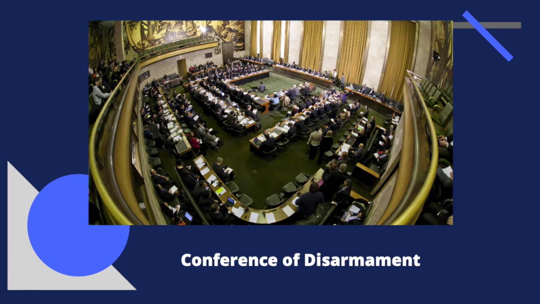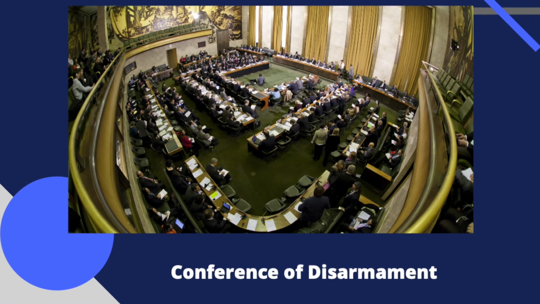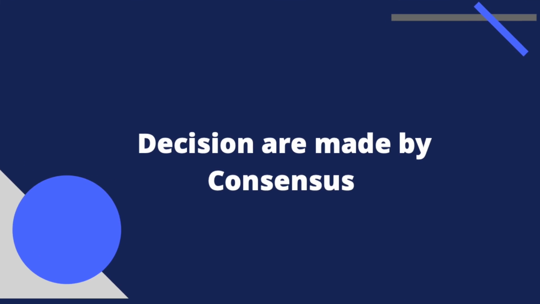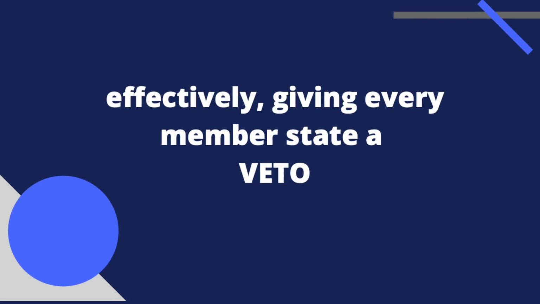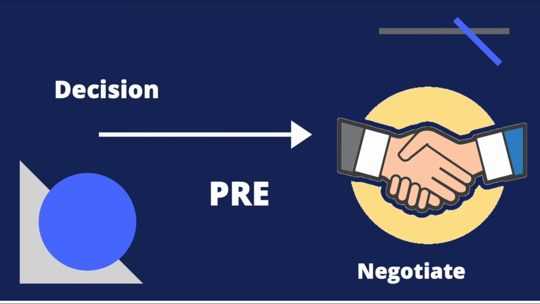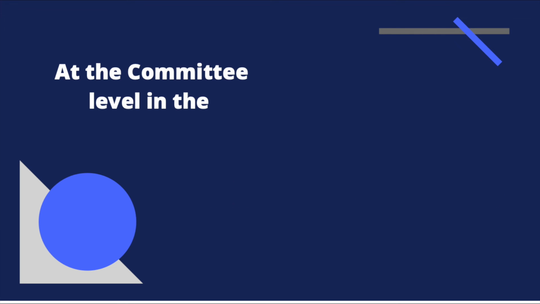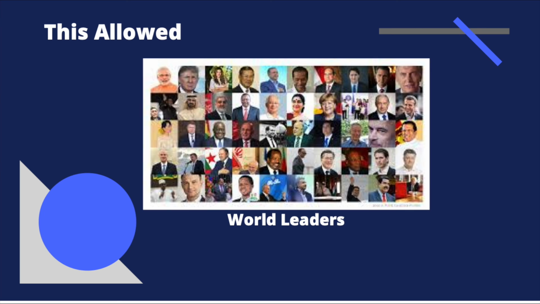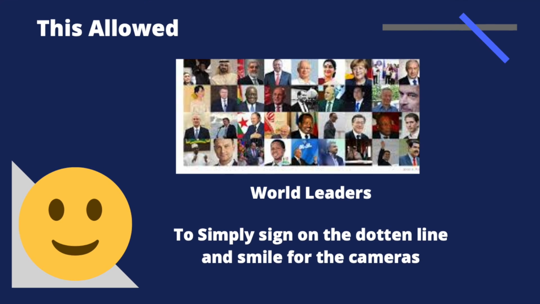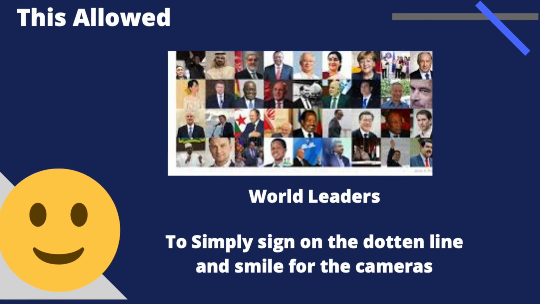There is also the Conference on Disarmament, where decisions are made by consensus, effectively giving every member state a veto. Decisions are often pre-negotiated, for instance at the committee level in the General Assembly, or by a group of states ahead of a big conference. This allows world leaders to simply sign on the dotted line and smile for the camera.